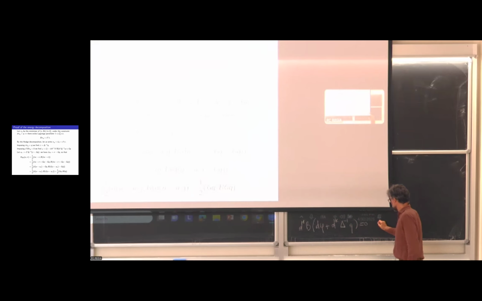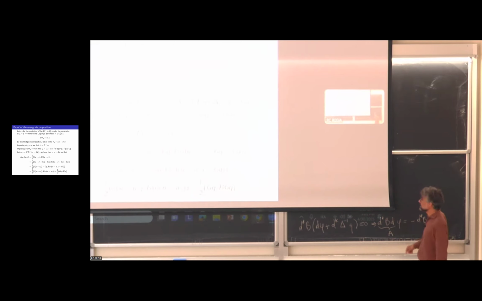So this means that d star bd, which is what I called A previously, applied to phi, is equal to minus d star b d star delta minus 1 q. Now, as I mentioned, this A is invertible with Dirichlet boundary conditions.